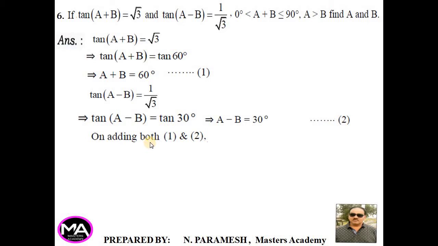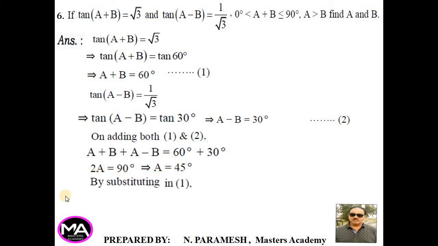On adding both equations 1 and 2, we get A + B + A - B is equal to 60 + 30. Plus B and minus B get cancelled. 1A + 1A, 2A is equal to 60 + 30 is 90, which implies A is equal to 90 by 2 is equal to 45 degree.